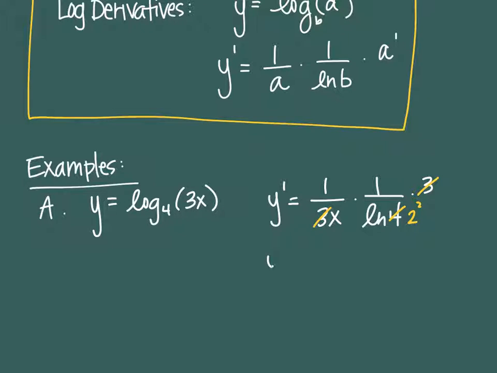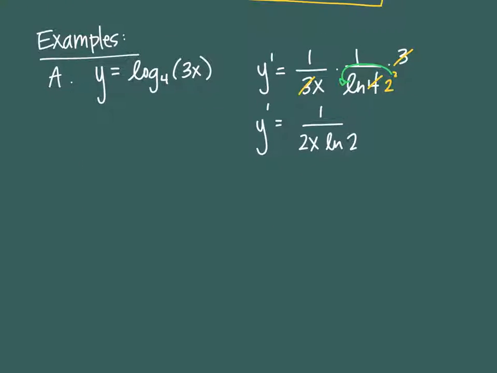So in its correct form, the derivative will be 1 over 2x ln 2. The 2 that's out in front comes from the power on the 2 squared that I'm able to pull out to the front of my logarithm. Okay, everybody follow that, or does somebody need to see that again?